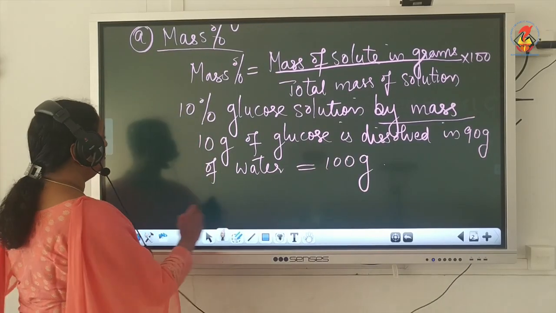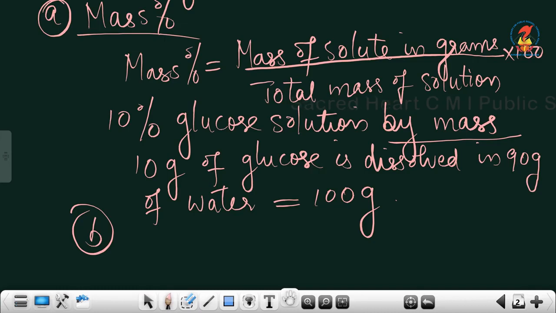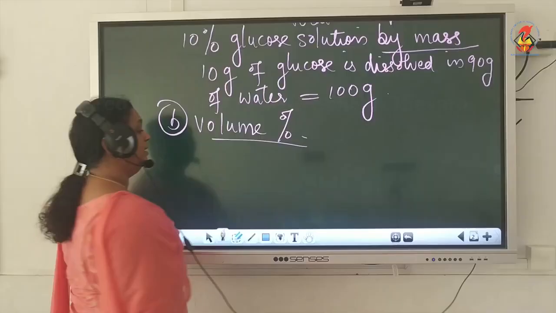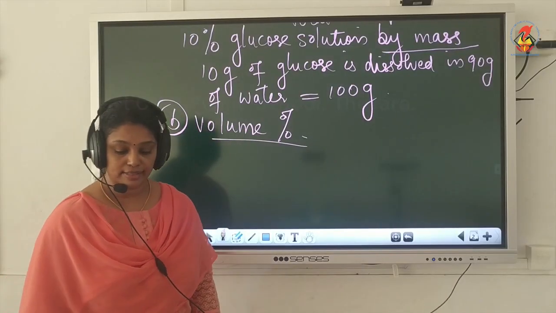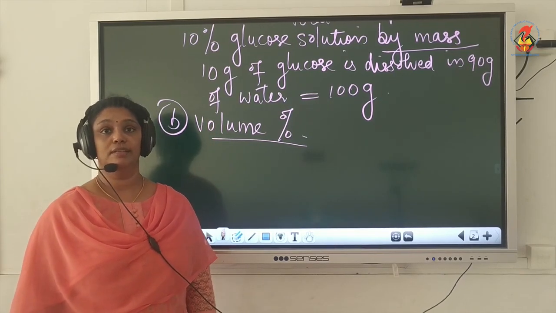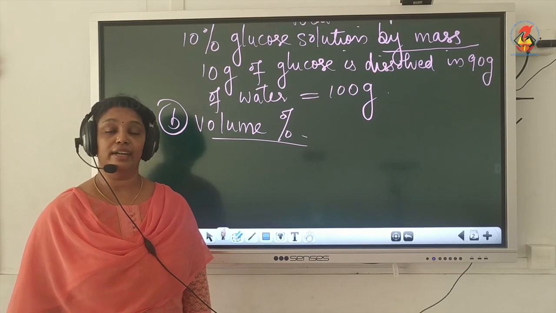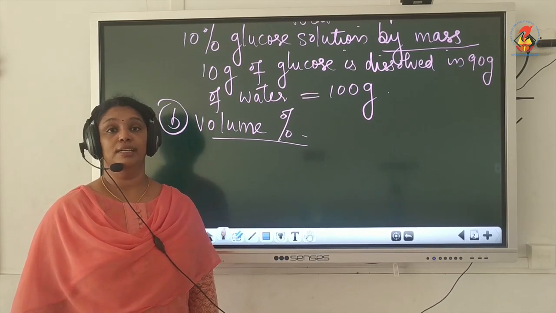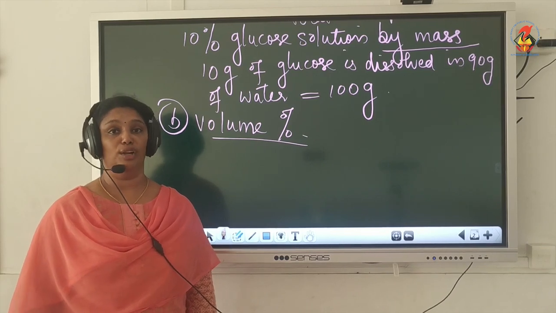Now the next type of percentage is volume percentage. It is the volume of liquid solute dissolved in 100 ml of solution.